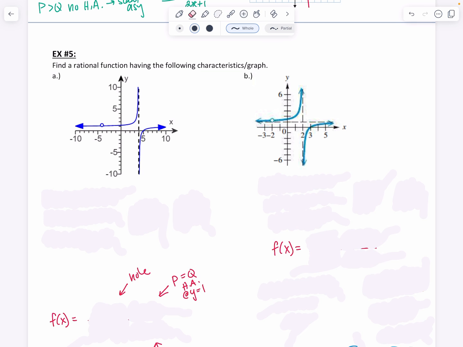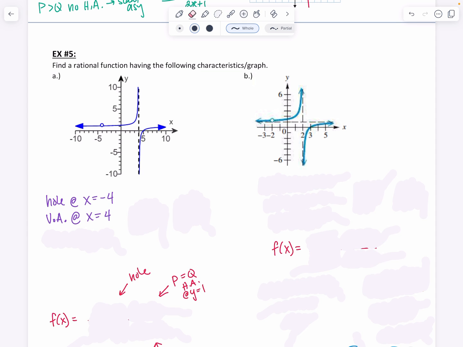Looking at this, looks like a rational function. Let's pick out some of the characteristics that we've been talking about. I notice on this graph, it looks like there's a hole. It looks like there's a hole at x equals -4. It also looks like there's a vertical asymptote in this graph. It looks like there's a vertical asymptote at x equals +4.